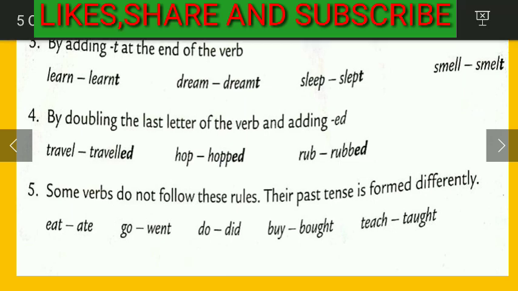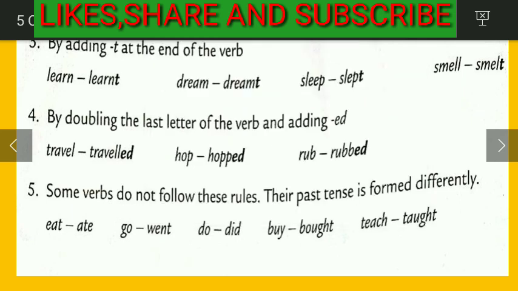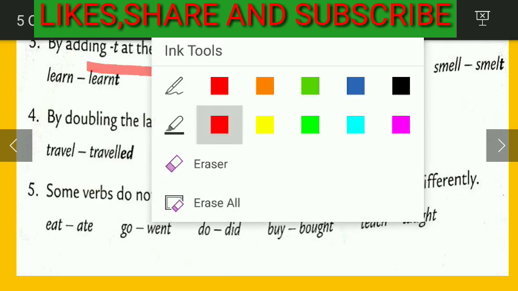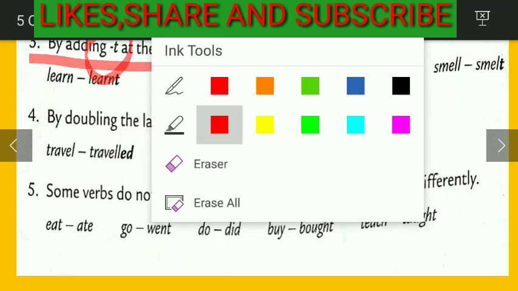Okay, so let's see what the third one is. The third one is by adding t at the end of the verb.